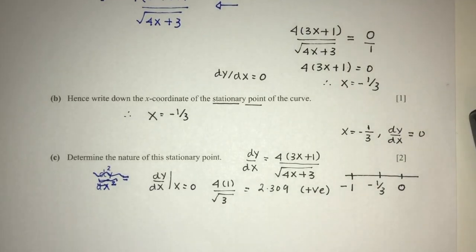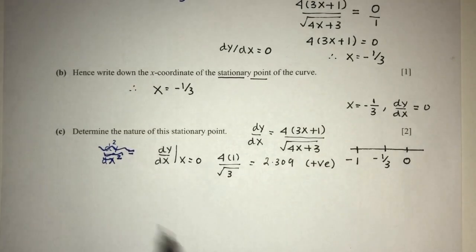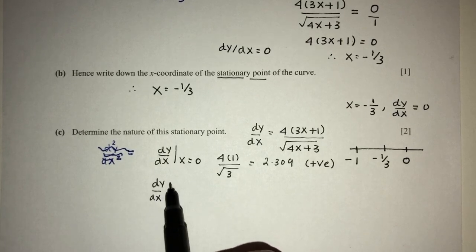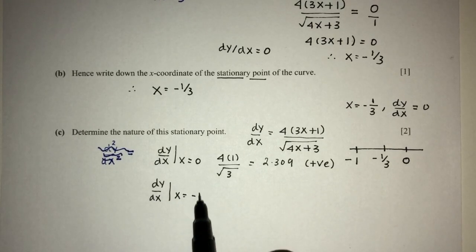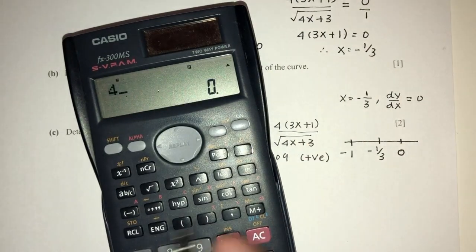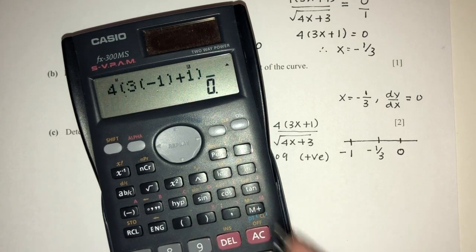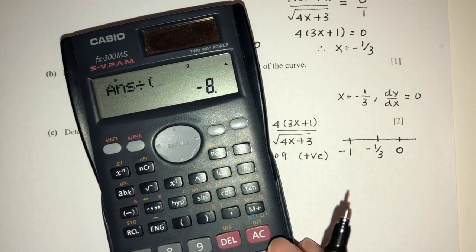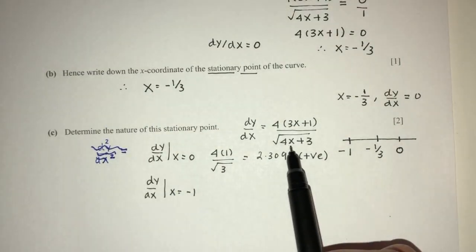That's what I want to know. Okay. Now, for this one, dy by dx at x equal to minus 1. Let's see what we have. So we have 4 times 3 times minus 1 plus 1, that will be minus 8, divided by, so as you can see, it will not be possible here.